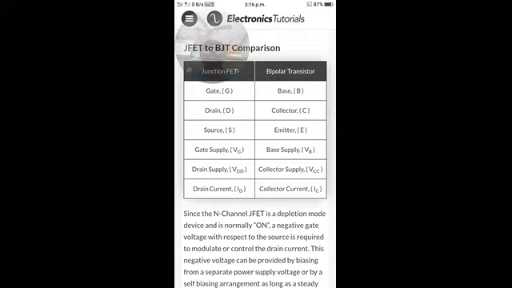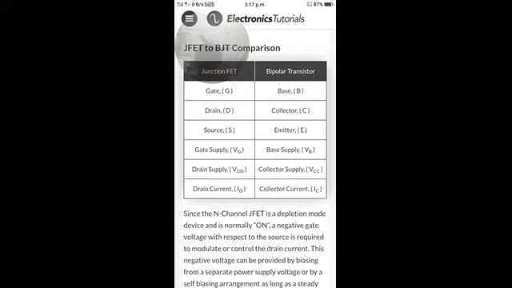Since the N channel JFET is a depletion mode device, it is normally on. A negative gate voltage with respect to the source is required to make the JFET conduct.